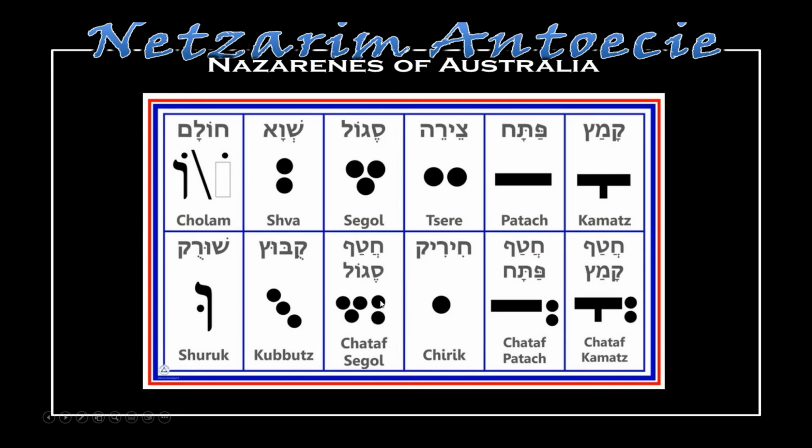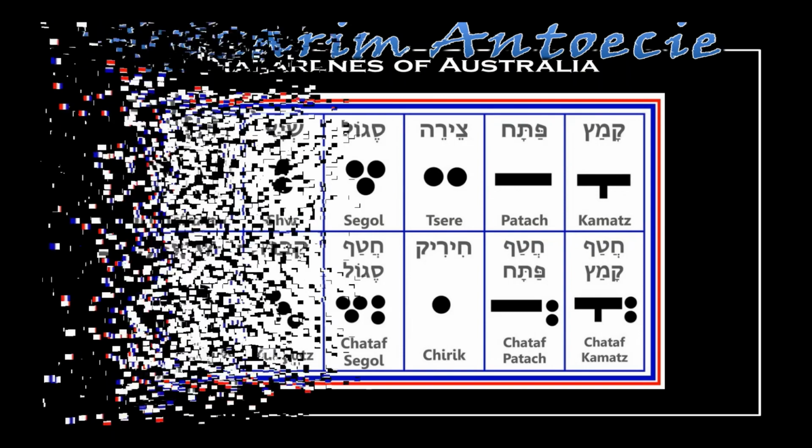First we have a shva, which is often the end of a syllable, followed by a segol, which has the sound se. Then we have a chirik, an i sound, like chi. There's a kataf patach, which has a short a sound, pa. And then a kataf kamatz, which has a longer a sound, ka. Okay, that's enough for that.